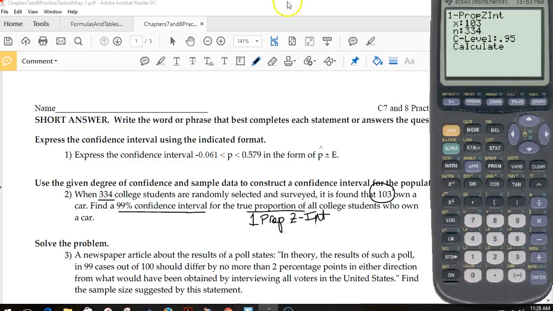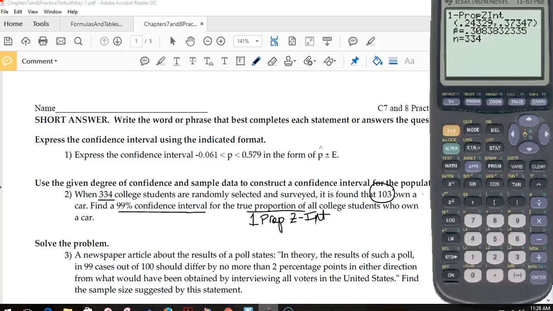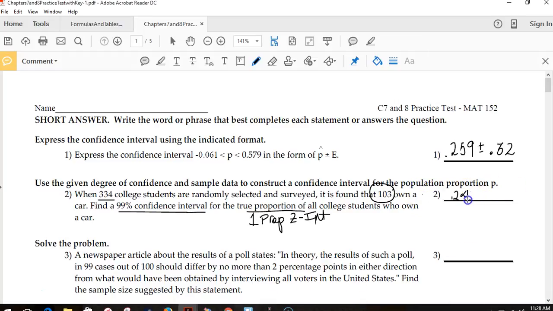And so all we need to do is change that 95 to a 99 and hit calculate. It pops out pretty fast. Let's go 3 decimal places, 0.243 to 0.373. And that's my confidence interval at a 99% confidence.